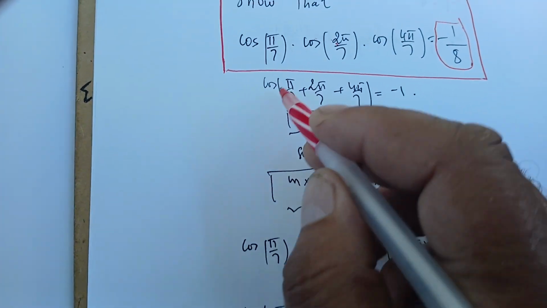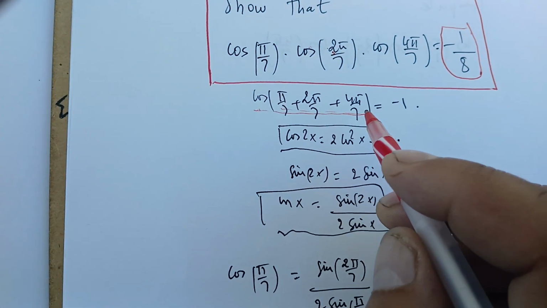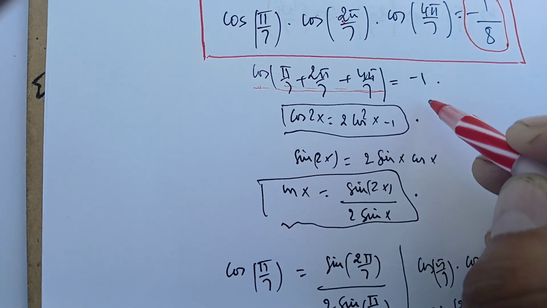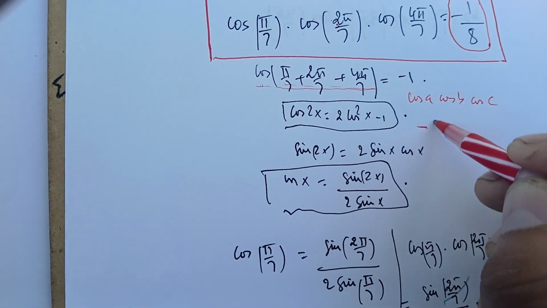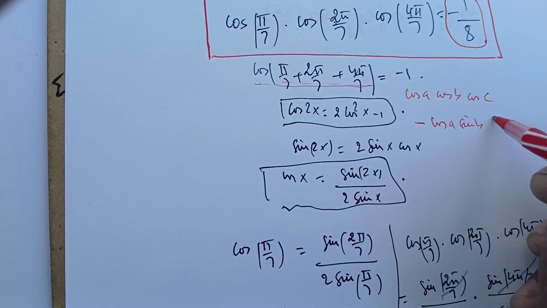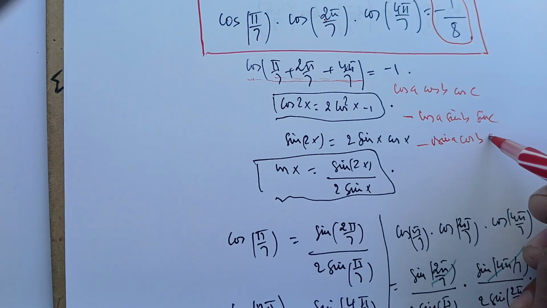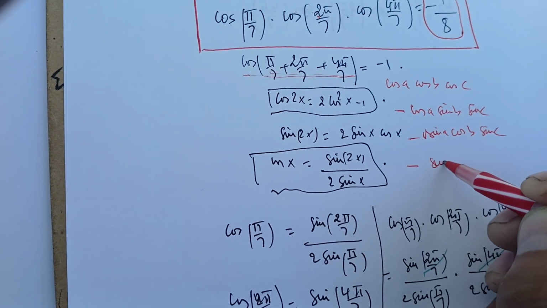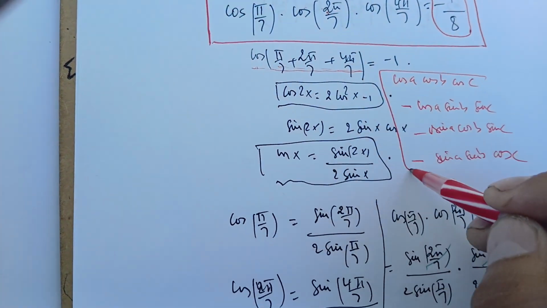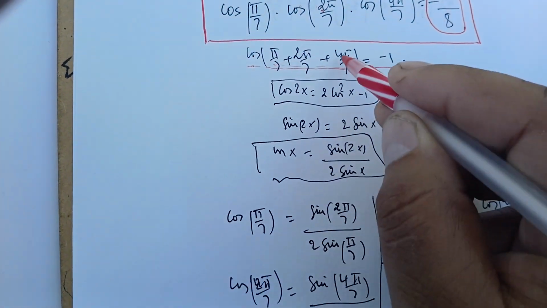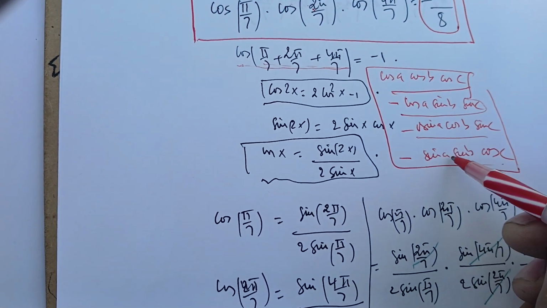We can use the formula dealing with the cosine of a sum of three angles: cosine A cosine B cosine C minus cosine A sine B sine C minus sine A cosine B sine C minus sine A sine B cosine C. We are looking for the first term, and we know the total is minus 1. So here we'll have to work this out, but it will take longer.